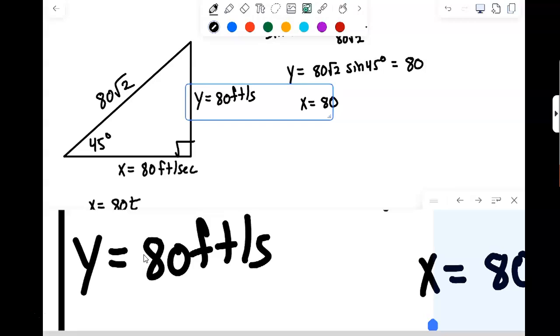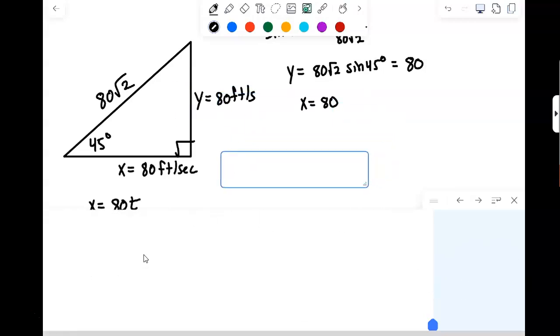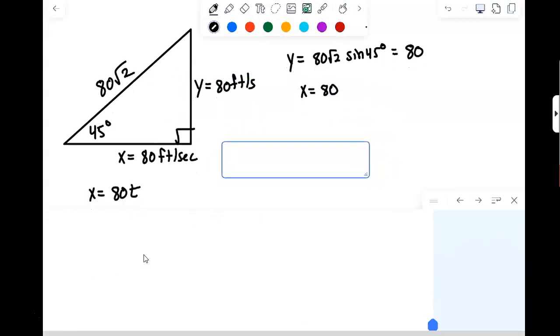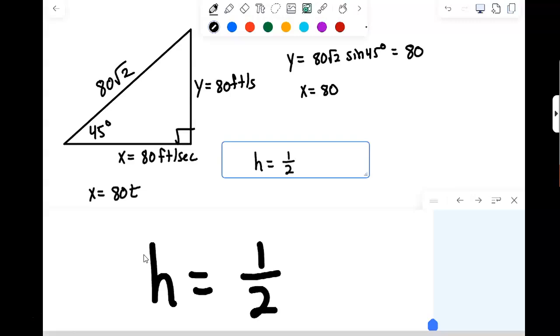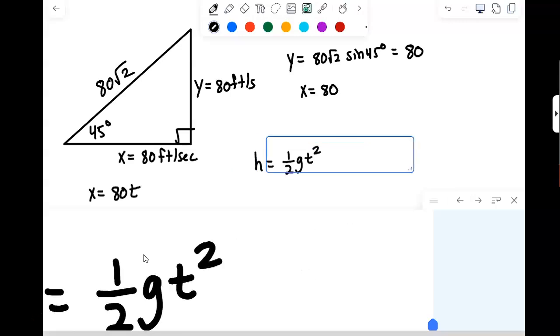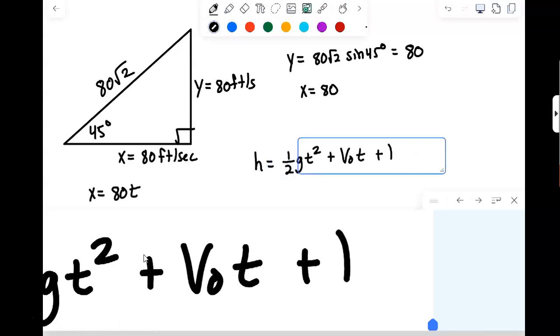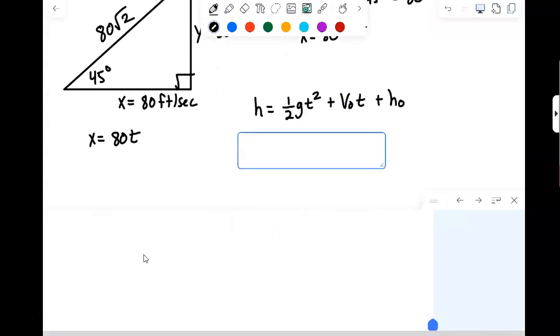Now, what about our vertical part? Well, we've talked about vertical motion before, right? That was with the height. Actually, in Calculus 1, you learn the derivation of this formula for a falling object without air resistance: 1/2 gt squared plus v0t plus h0.